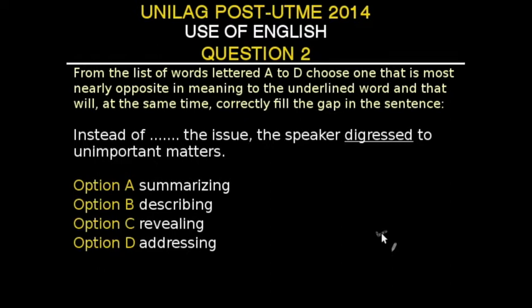And this again is a question you find under the synonyms and antonyms part of English language. And so we have option D, addressing, as our correct answer.